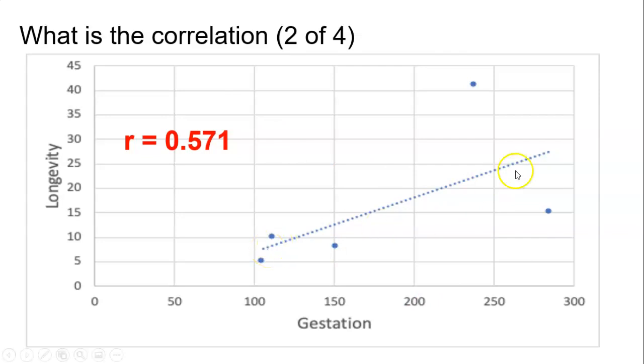And because none of these points are actually on the line, and these points are more clustered together than these 2 points, these 2 points are actually greatly affecting this correlation coefficient. If we were to remove this point, we'd actually have a higher correlation coefficient because that point is what's making the correlation coefficient a little more moderate.